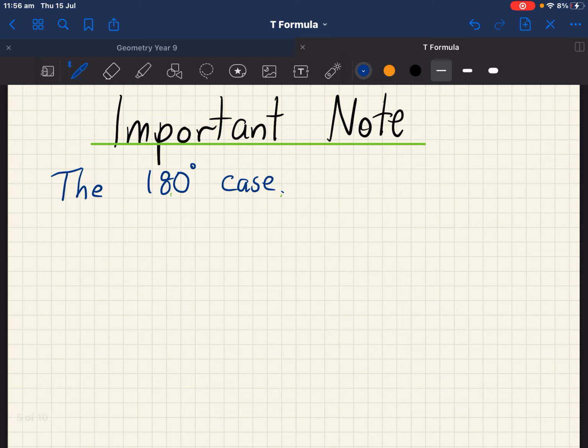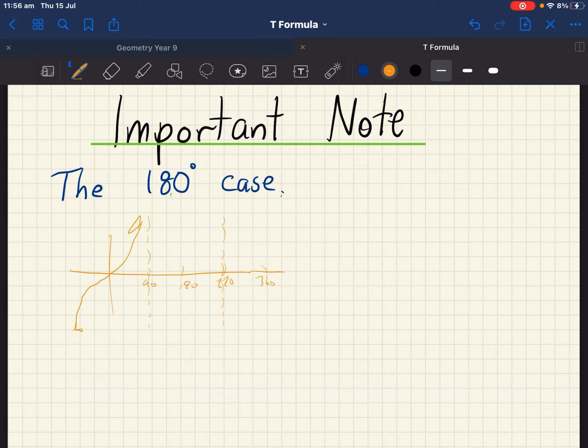One important thing before we get on to our examples, and that is the 180-degree case. As you guys hopefully know from our trig graph, 90, 180, 270, and 360, the tan graph has vertical asymptotes at 90 degrees and 270, right?